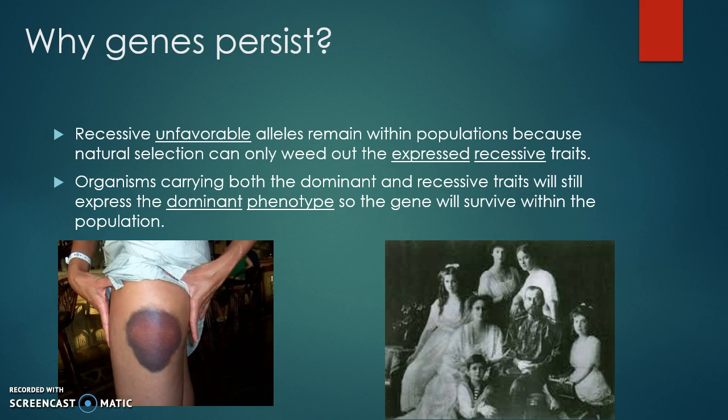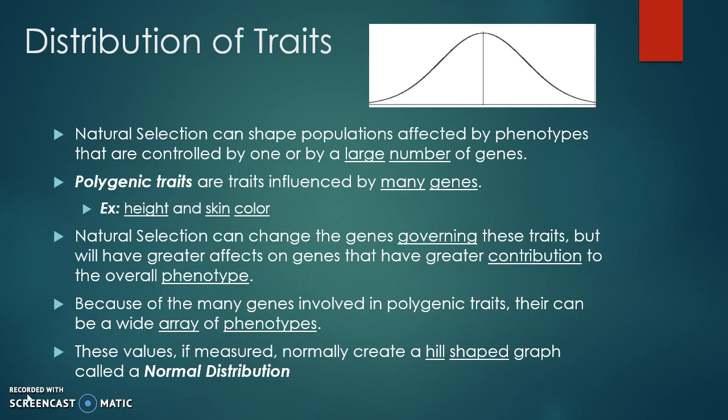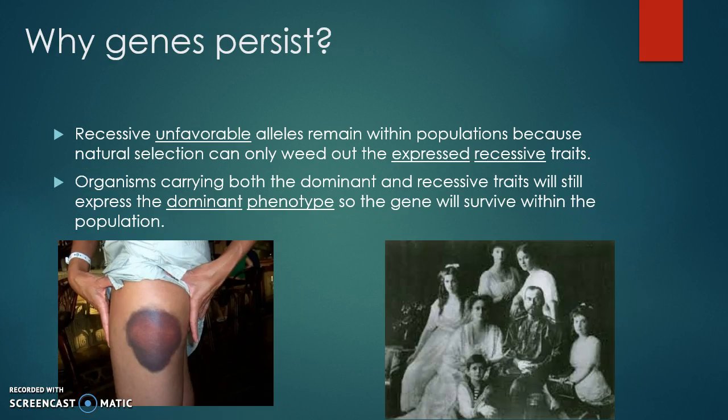One example that I'm probably going to have you guys research a little bit here is, name escapes me. The name is hemophilia. It is a negative recessive genetic disorder which causes your platelets in your blood to not clot effectively. Essentially, any kind of bruise or cut for someone who has hemophilia can be life-threatening.